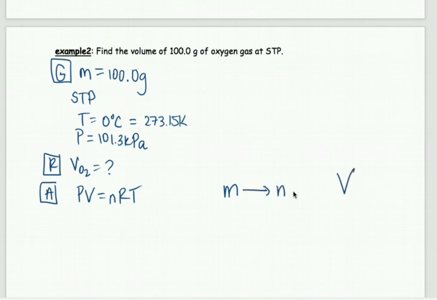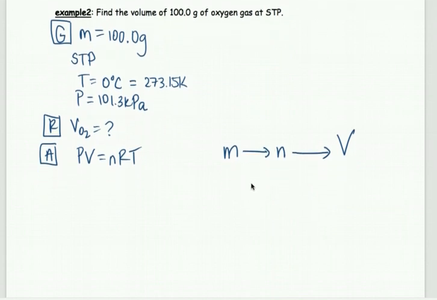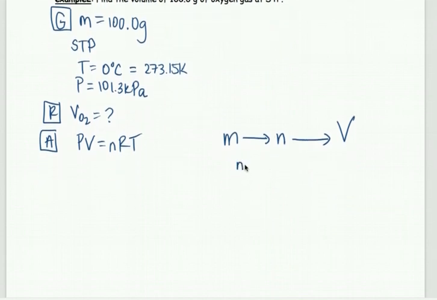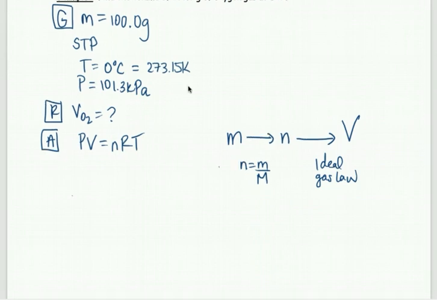So mass to moles to volume. To go from mass to moles, we're going to use this formula here, and then we're going to use the ideal gas law to get to volume instead of using the molar volume that we did last time. So we use this formula first, and then the ideal gas law second.